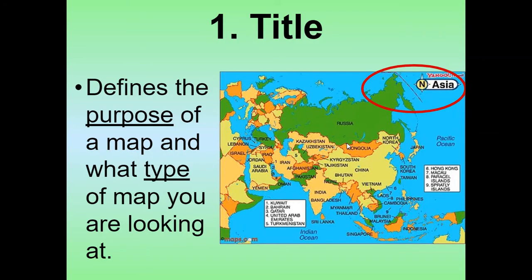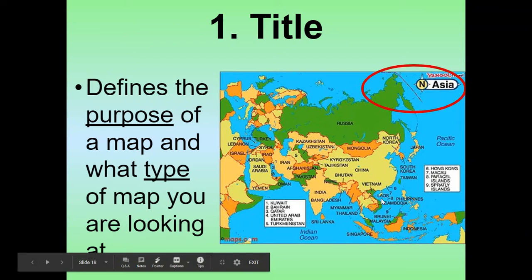Okay, so the first component of a map is the title. All maps need to have a title, and basically this component, the title, tells you what the map is about. So this map right here is about Asia. If you look at the map, all of the countries that are labeled are in Asia.